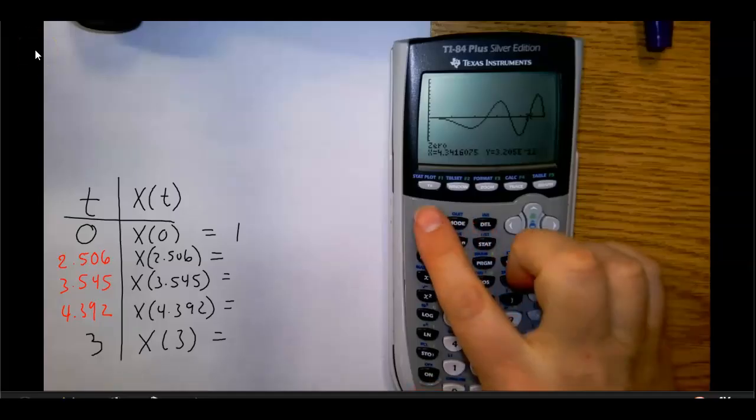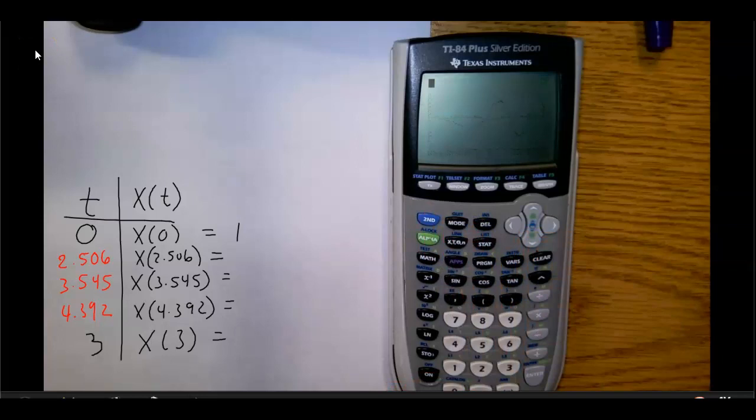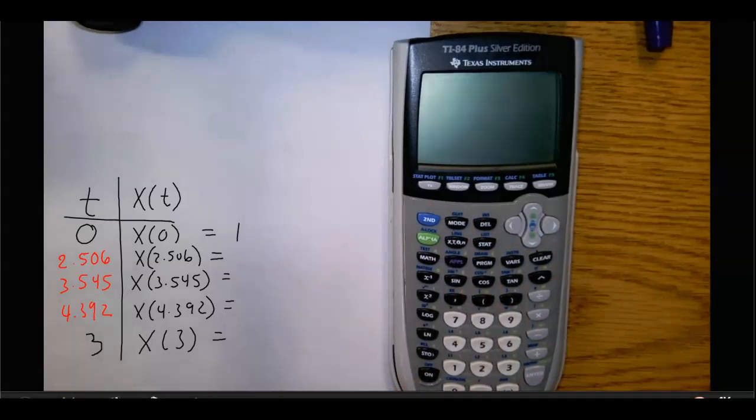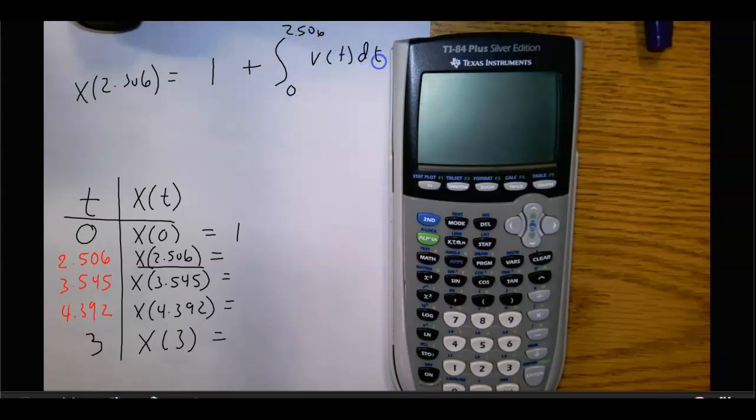All right, so we're going to go back to our home screen. Basically, we're going to plug in each of these numbers to find this value. So for instance, x of 2.506. We're going to take our position function here and plug in the 2.506, and that will tell us the position of the object at that point. So let's do it.